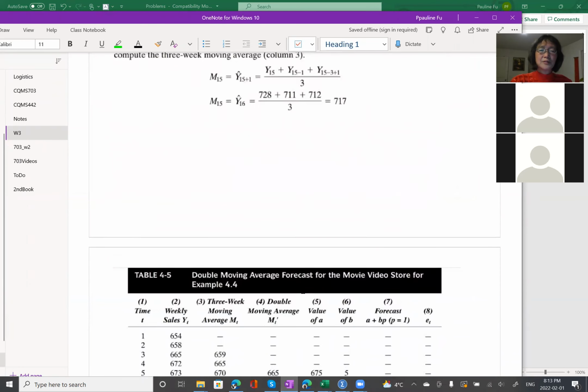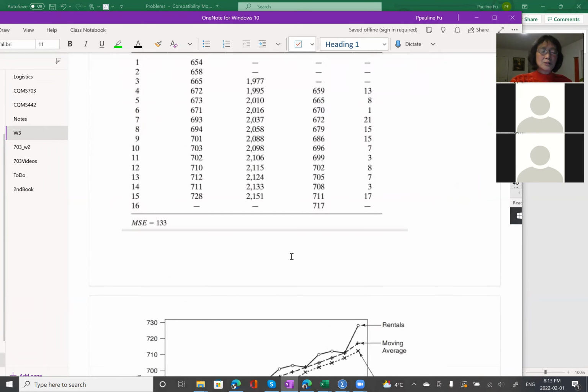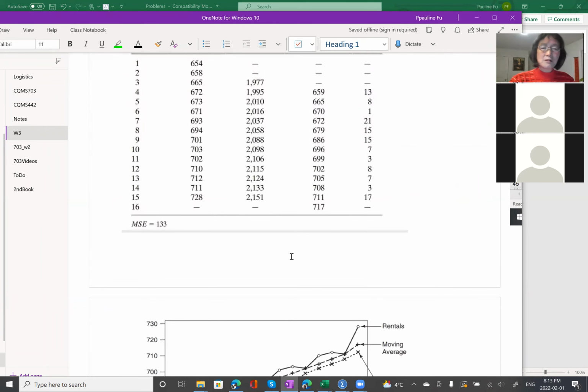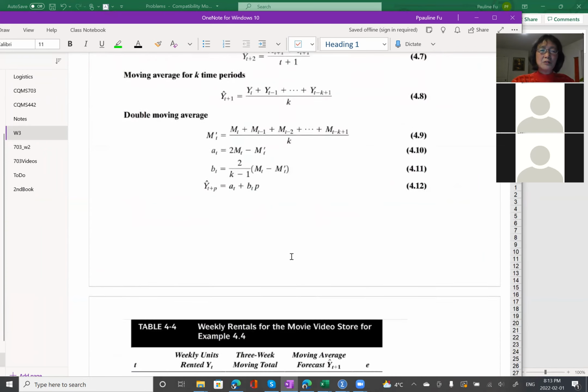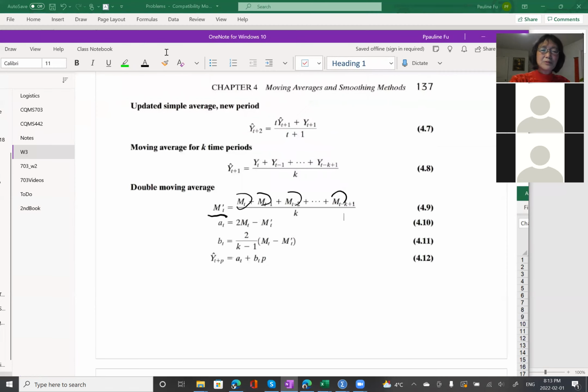I just want to show you the formula. In double moving average, we did this MT prime. It is the average. Remember what M represents? Each is an average. So take an average of those M, you get MT prime. The formula looks complicated, but when you use Excel, it is actually straightforward. So MT prime is the average of average.